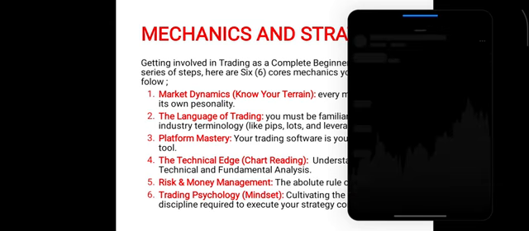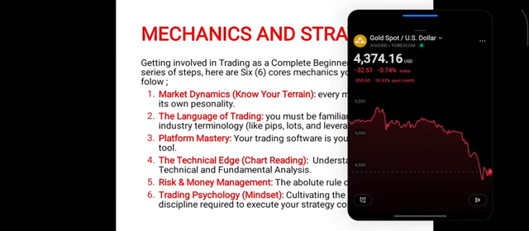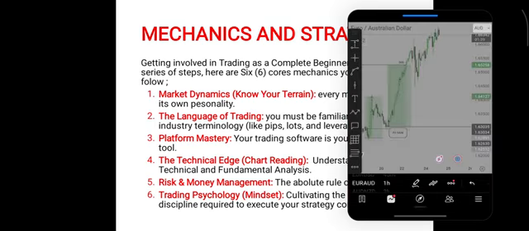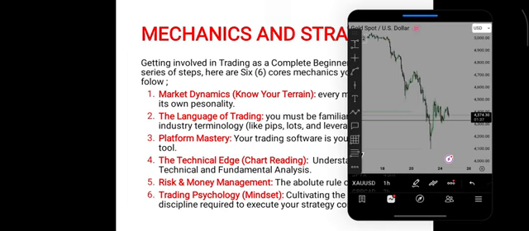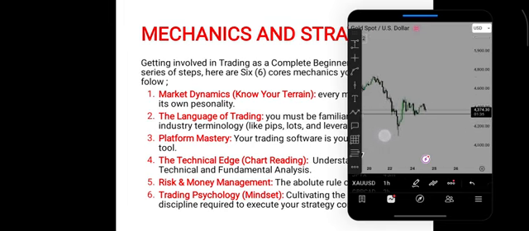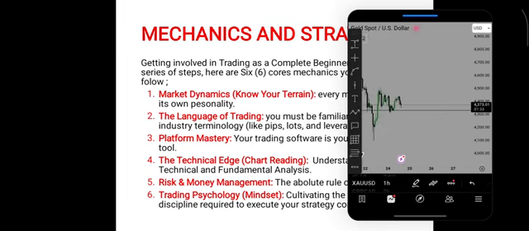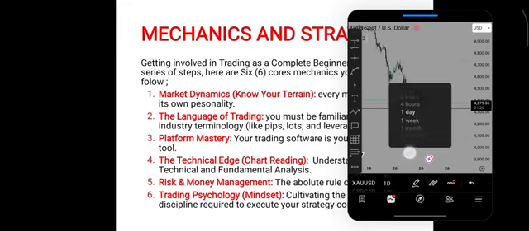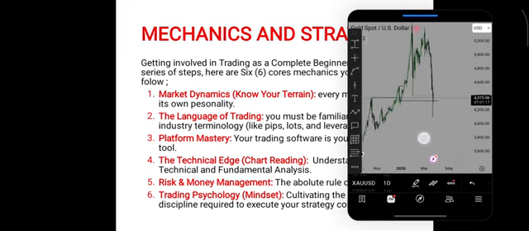Gold is XAUUSD. This is currently the price action of gold, and from my chart I can tell that gold is currently at a price of 4,372.54 USD.